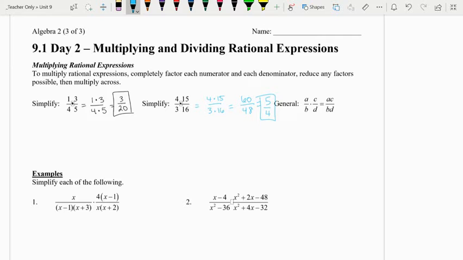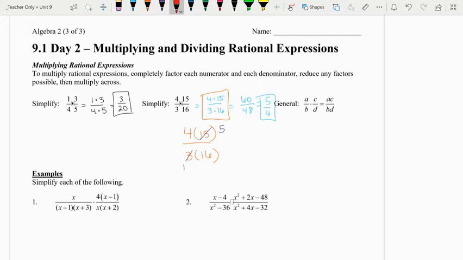Now, the thing that you can do, though, is think about it as one big fraction, kind of like what we have here. Once it's a big fraction, it's just stuff being multiplied. And remember, anytime you have stuff that's being multiplied, you can reduce. So if I have 4 times 15 over 3 times 16, I can take 3 and make it a 1 because 15 divided by 3 is 5.